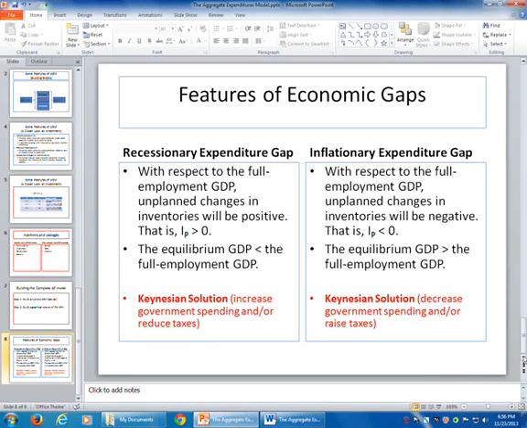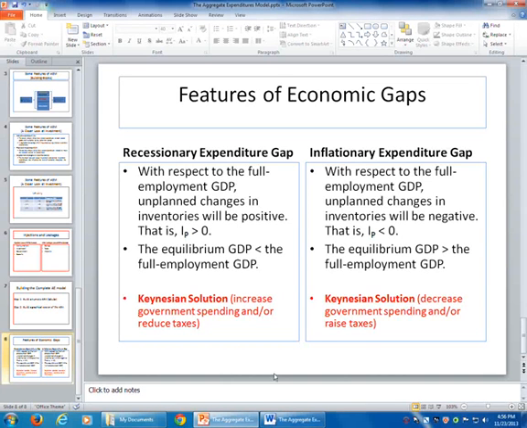And there are two types of gaps that are undesirable. One is called a recessionary expenditure gap, and the other is called an inflationary expenditure gap. And any discussion of gaps has to be linked to full employment. So these economic gaps are concepts we observe when we compare aggregate expenditure to real GDP at full employment.